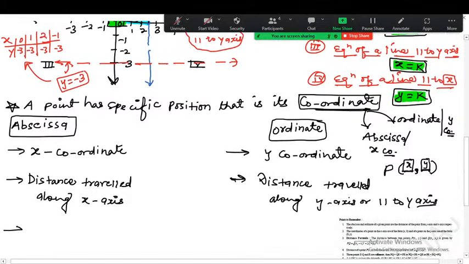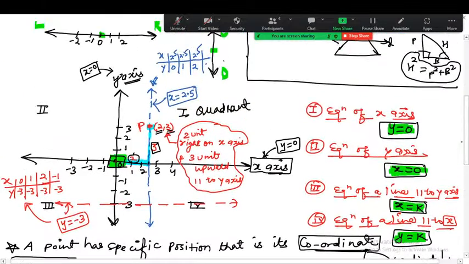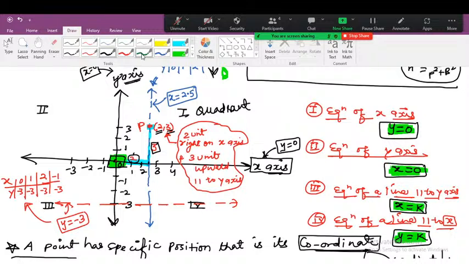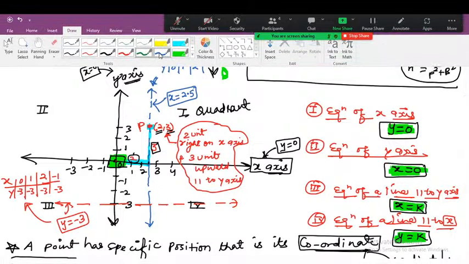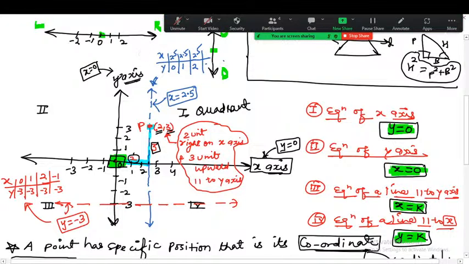One more thing can be shown here, just see here. Let's say I'm here at point P and now I want to work for this point. What can we observe? If I'm drawing a perpendicular from this point on y-axis, how much distance is it going to give?